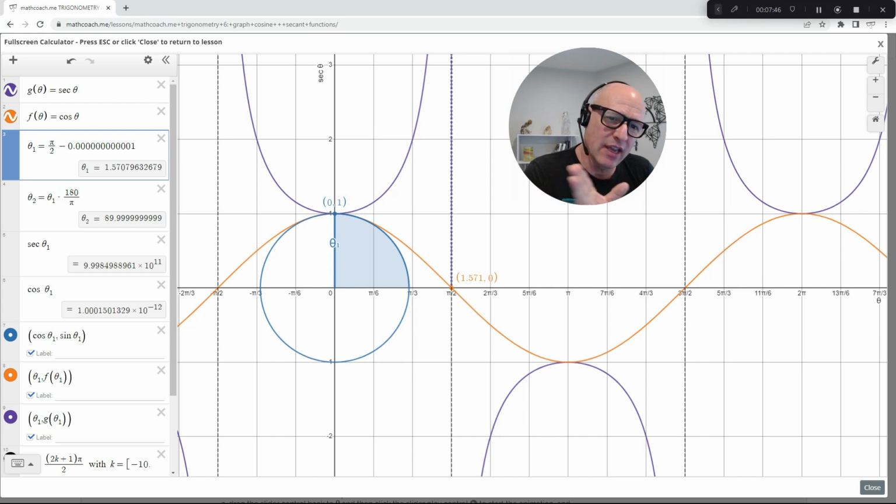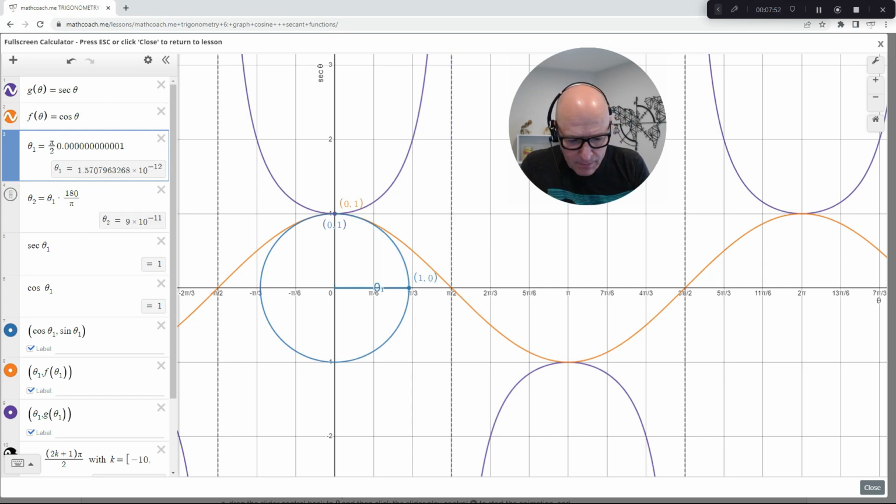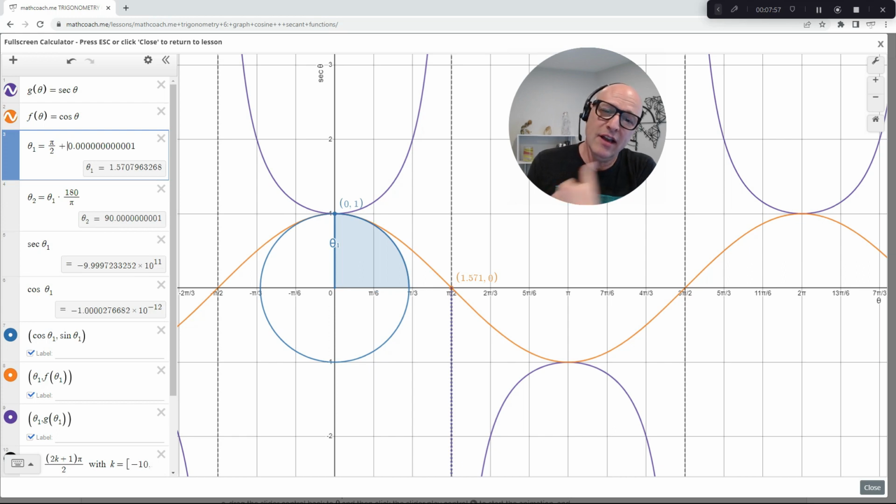What happens on the other side? If I were to change this negative sign to a positive sign, I am now on the other side of pi over 2, and I'm into the second quadrant. You can't see it here, but we are.